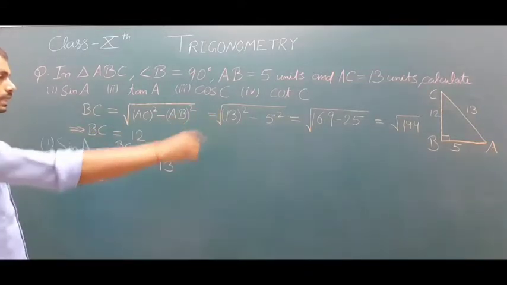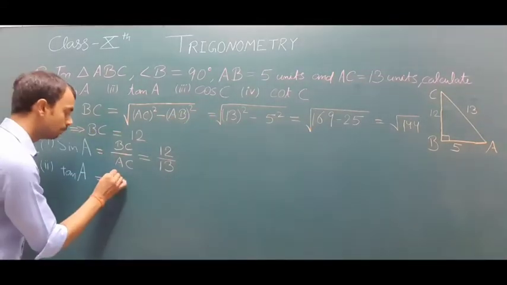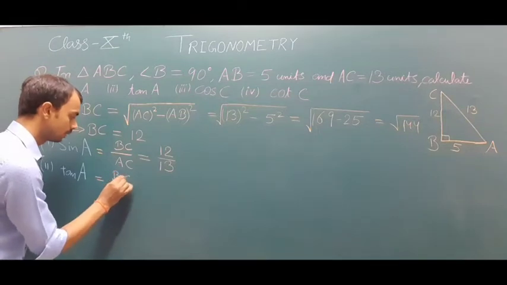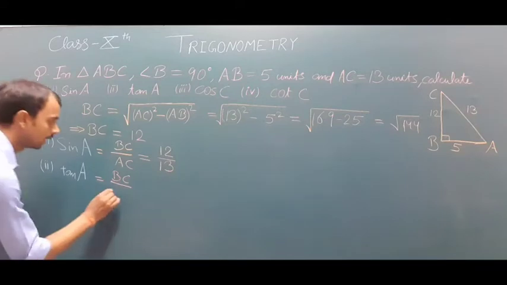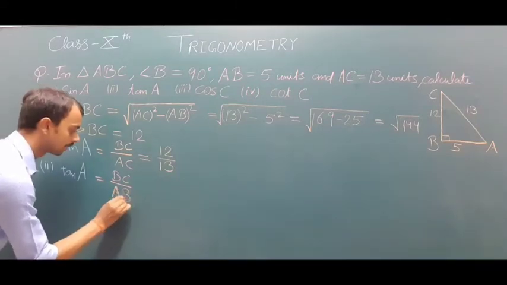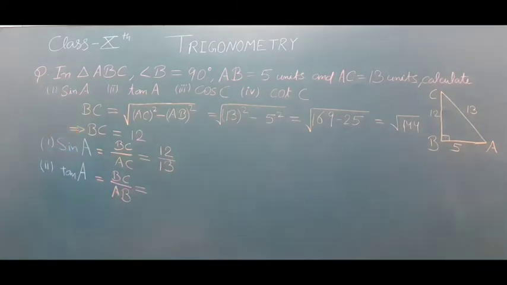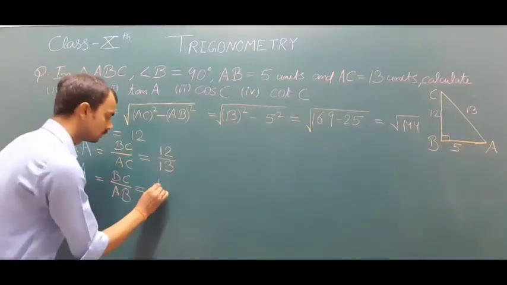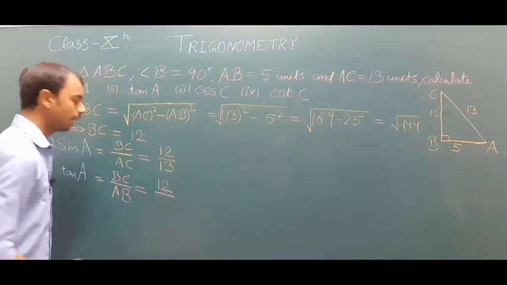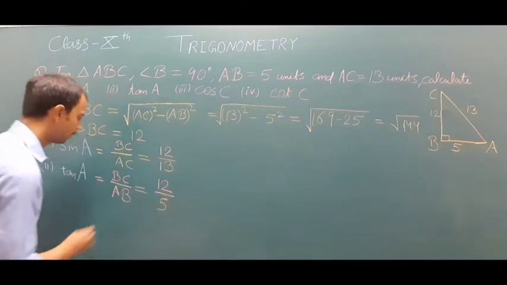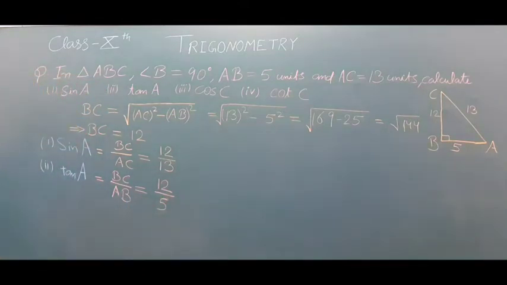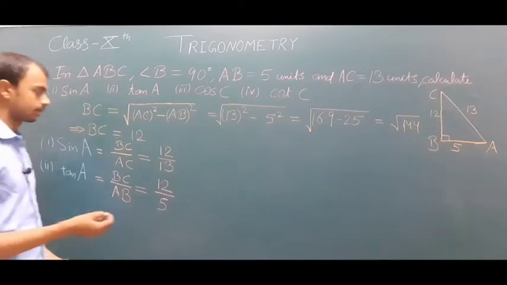The opposite side of A is BC, and the adjacent side of A is AB. BC is 12 and AB is 5. So this is the value of tangent of A. The third one is cos A.